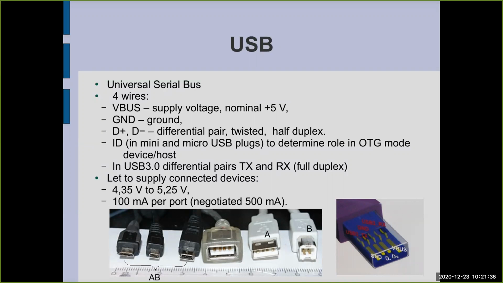How it is detected, I will tell you later. For this type of plug, the interface consists of 4 lines: ground, power supply, so 5 volts, and two differential lines, denoted as D plus and D minus.